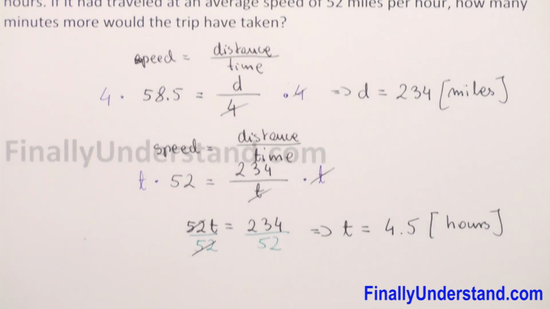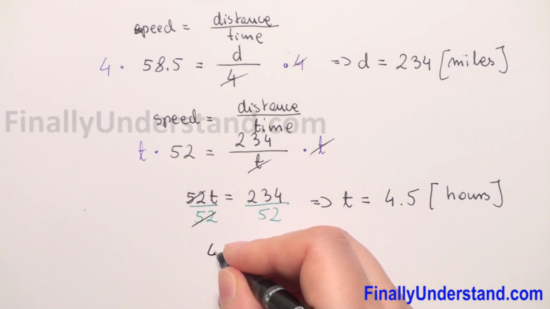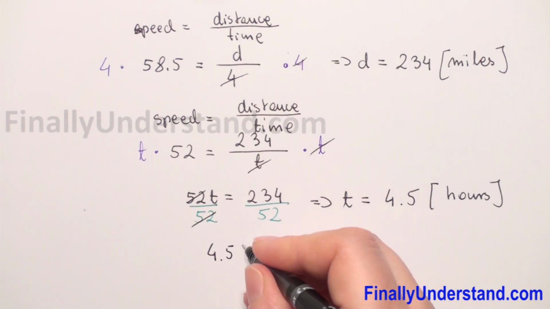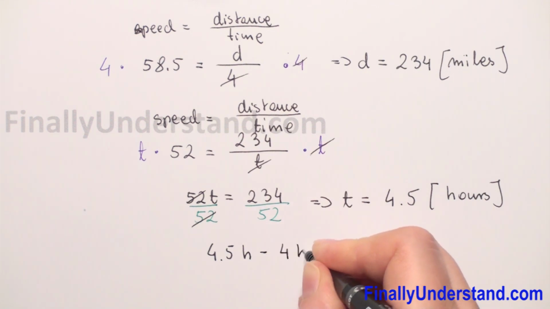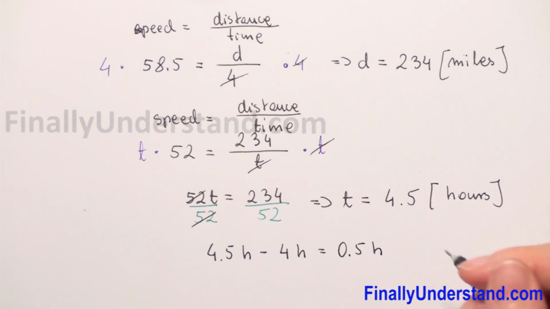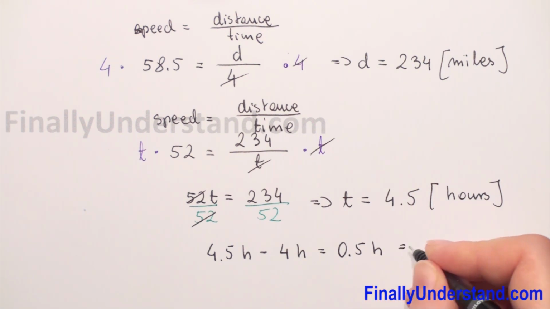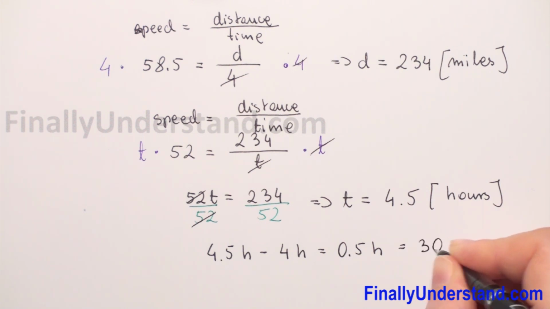So we have to subtract 4.5 hours minus 4 hours. So this is equal to 0.5 hours. So half of an hour. So this is equal to 30 minutes.